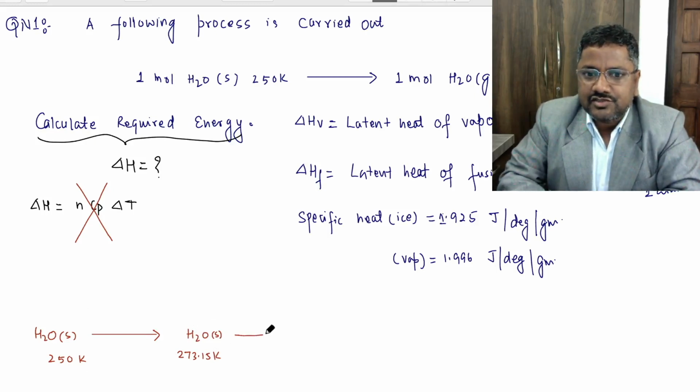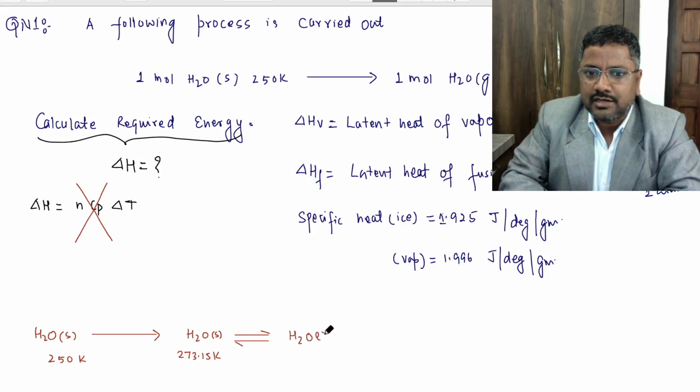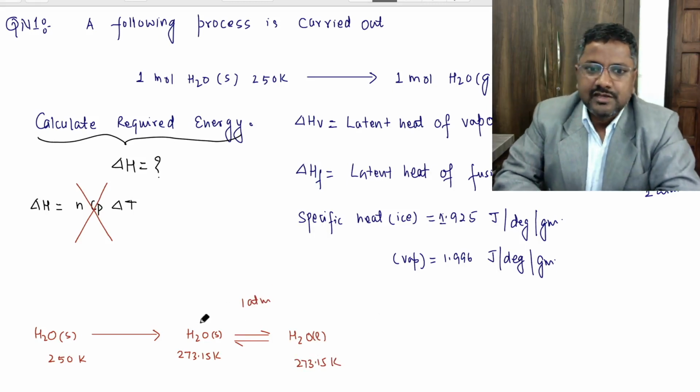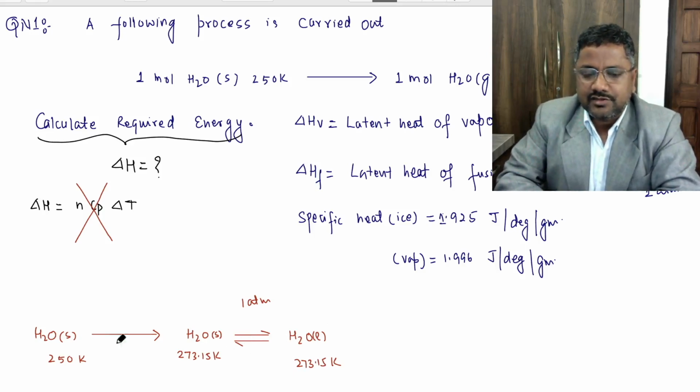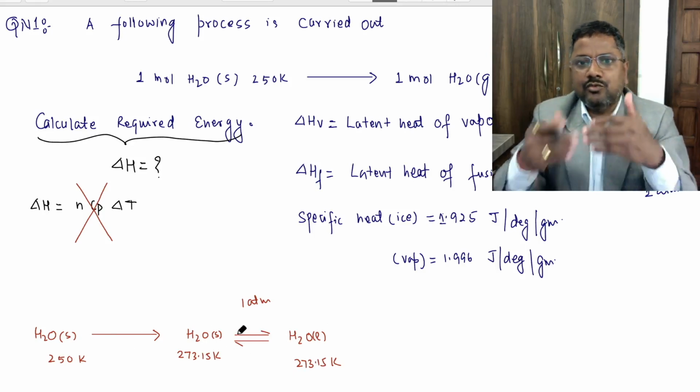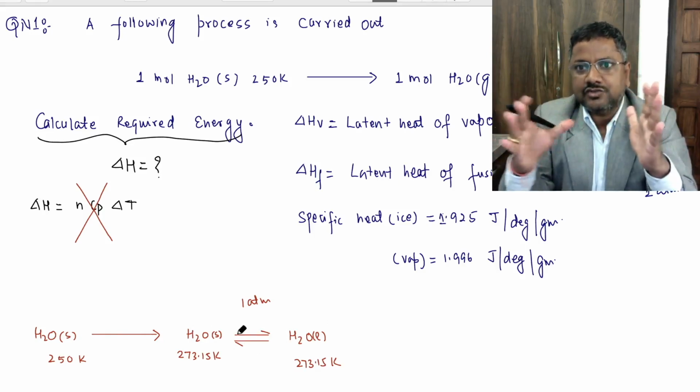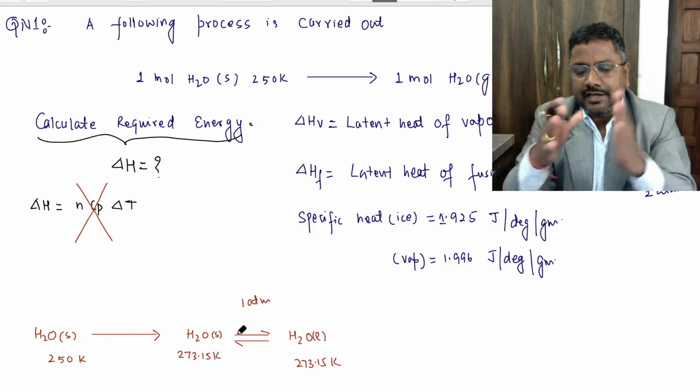After that, this will change its phase, and this will convert into H2O liquid. This H2O liquid is also at 273.15 Kelvin and 1 atm pressure, normal condition. So this is the second step. This is the first step, this is the second step. So you have to break this whole change into different steps.